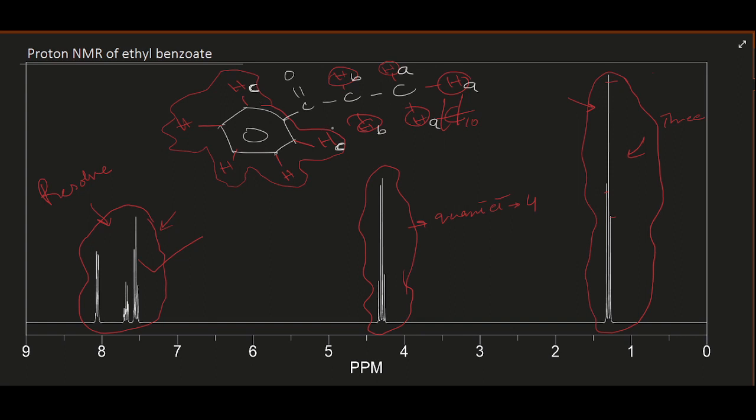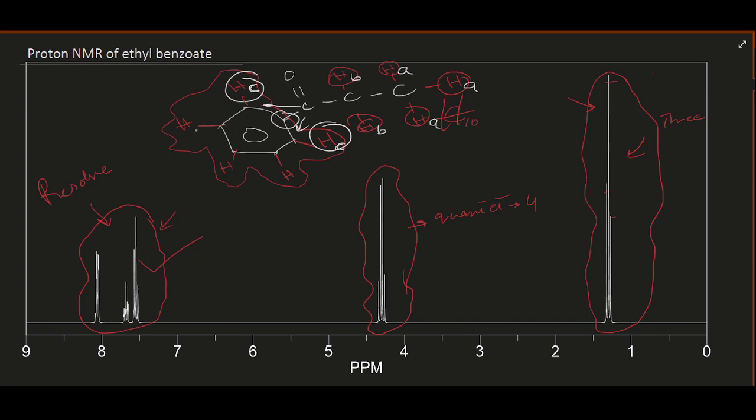These two protons are in the same chemical environment because they have the same distance from the carbonyl carbon. They are only on the second carbon. This is the first carbon of the carbonyl, and this is the second carbon.